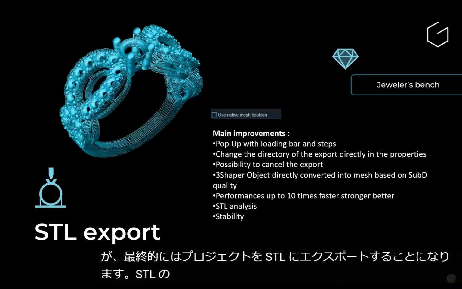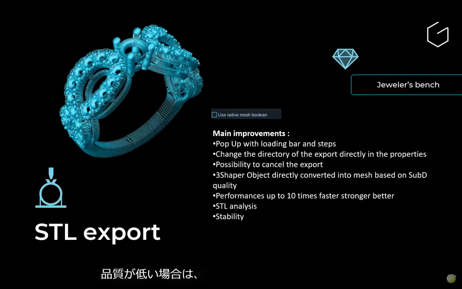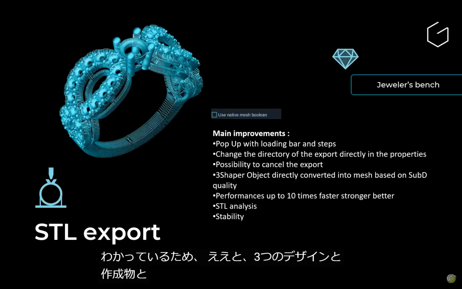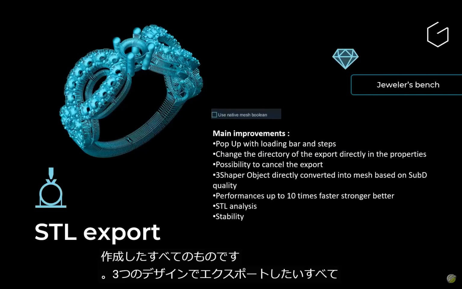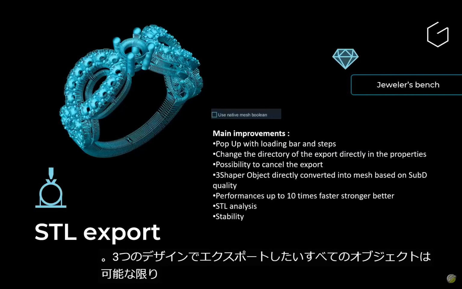And if the STL is poor quality, not enough analyzed, with problems, etc., you know that at the end you will have problems with the printing. So we want to be sure that with 3Design, all the objects you want to export have to be the best possible.